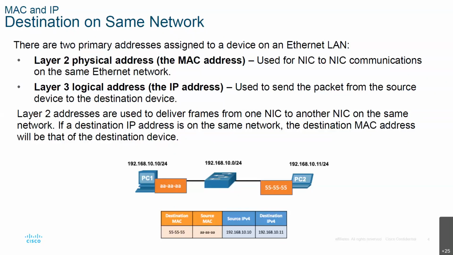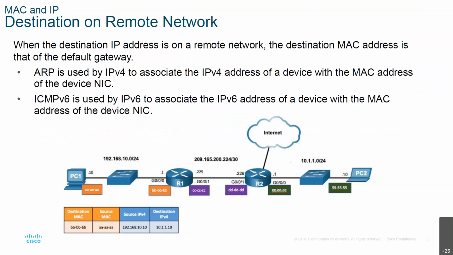That's what we have been studying both in the lecture and in the lab. Now, when the destination IP address is on a remote network, then the destination MAC will only be that of the gateway, or the first router connection. In this case, for example, it is Gigabit 0/0. So we use ARP, also known as Address Resolution Protocol.